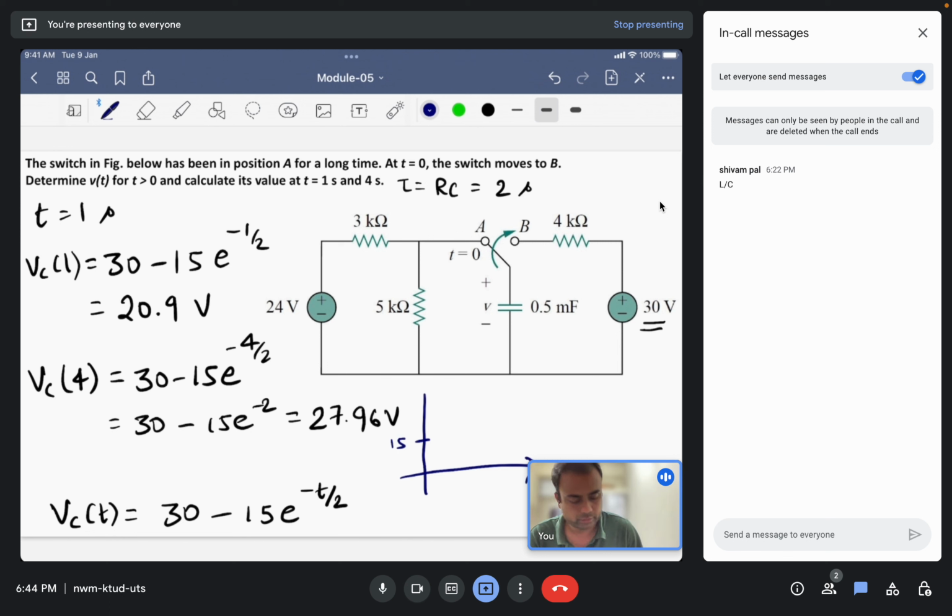It starts to charge, and finally this will become equivalent to the steady state 30 volts. So this is the typical curve for charging of a capacitor. Hope this problem is clear.